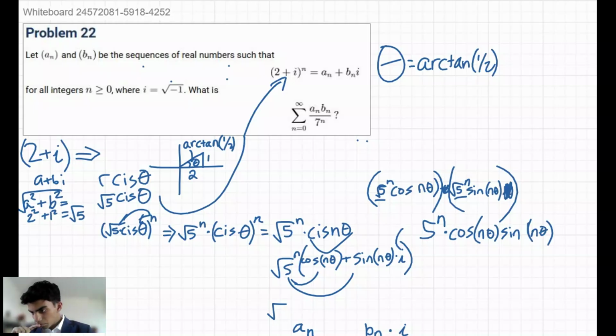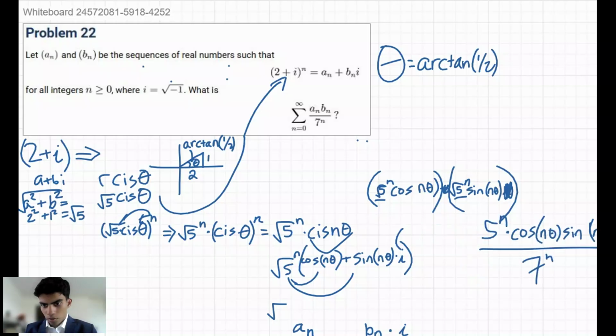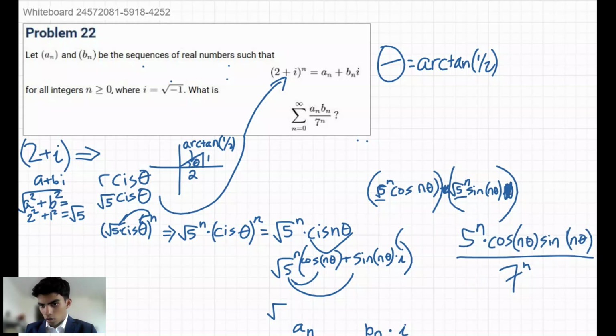And then this would be over 7 to the n. And we're essentially tasked with finding the infinite sum of this big chunk. So I'll say infinite sum of this, starting from n equals 0 all the way to infinity, obviously.